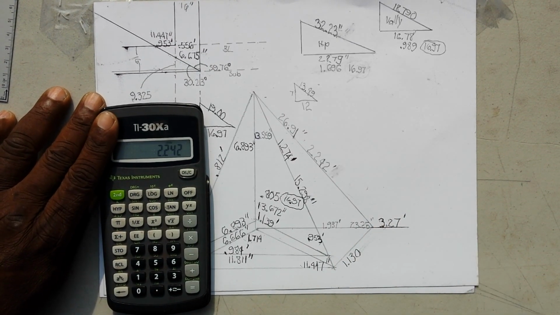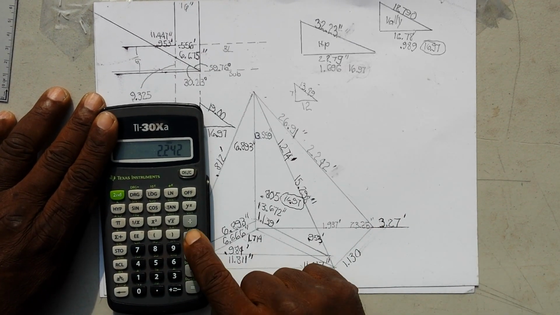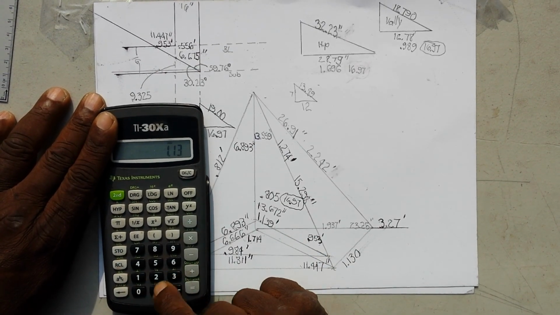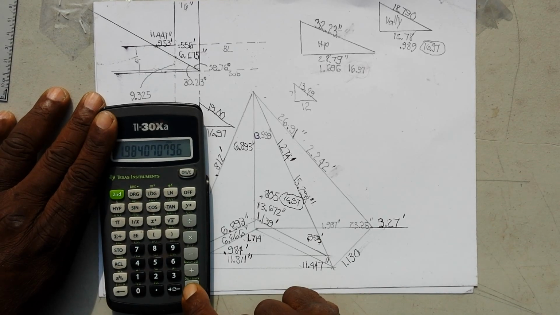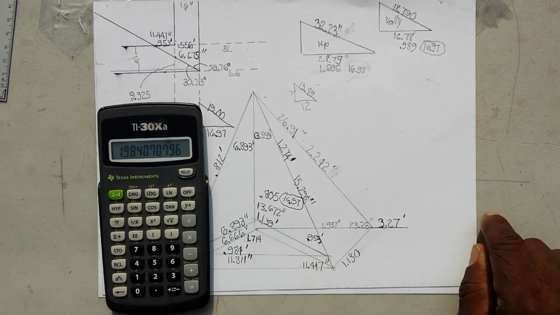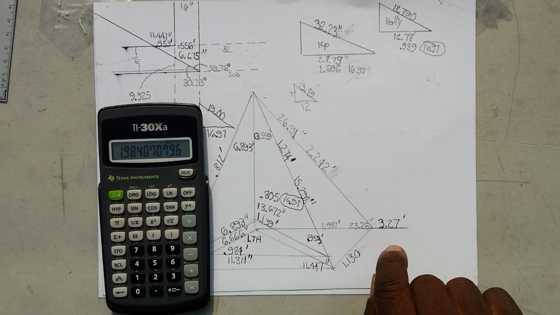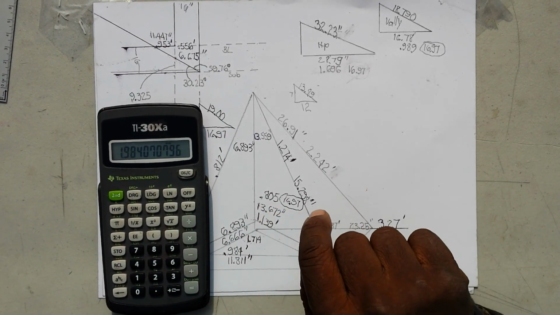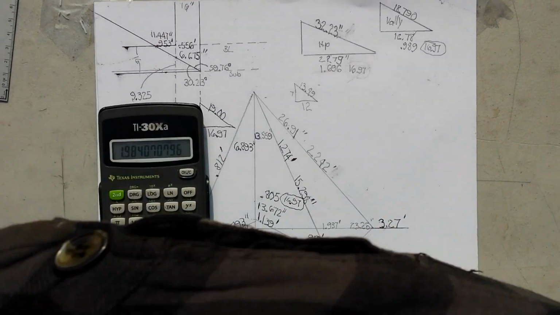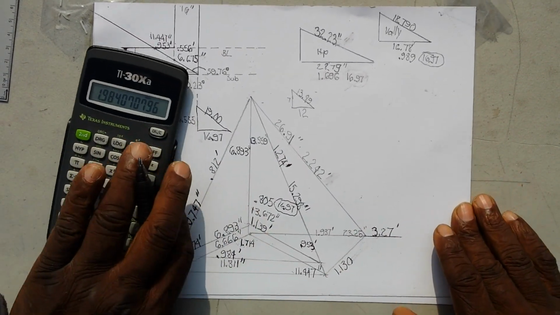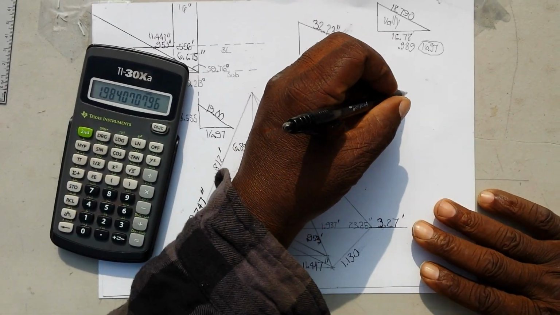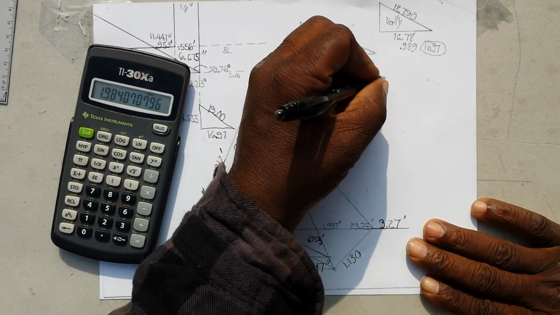Right, so what we do is divide it by 1.130 equals 0.984. So what we do is write that down. Now this right here is your step off per inch.